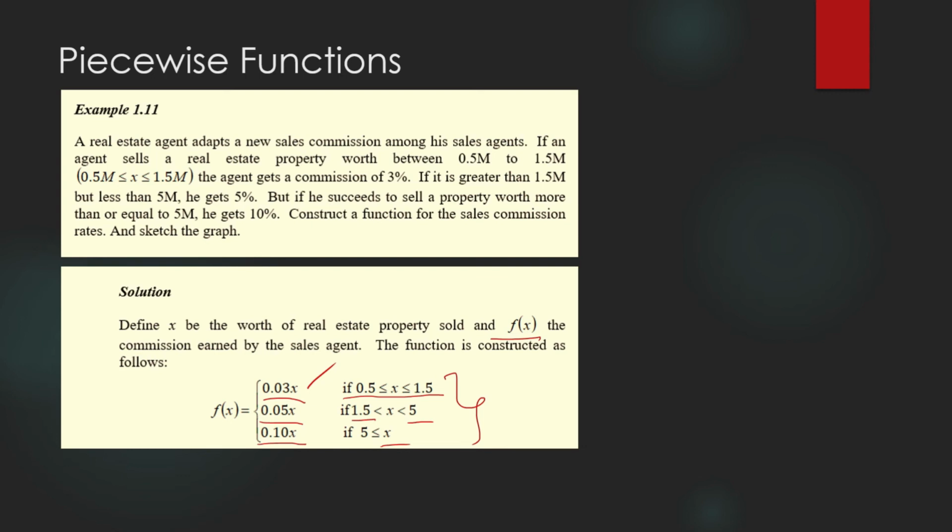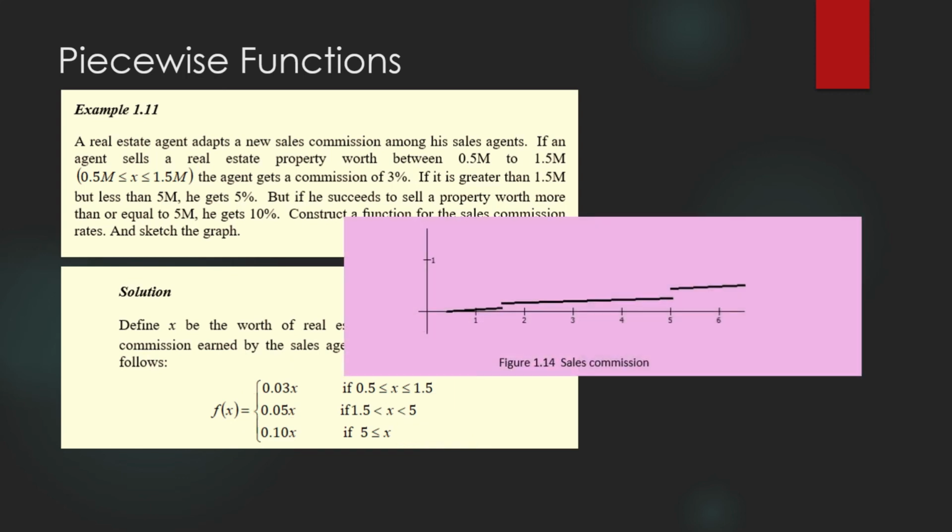Now we shall sketch the graph of this function. If you look at this, the function for each sub-interval is defined as a linear function. So we expect to see lines. For each sub-interval, we shall graph a line. Here, the horizontal axis is the value of x.